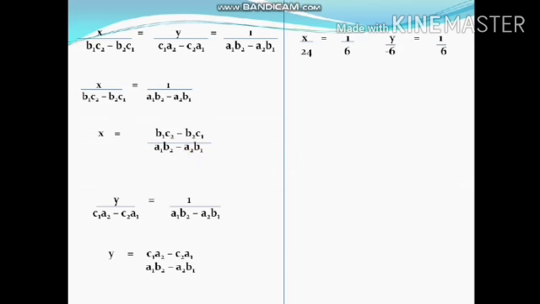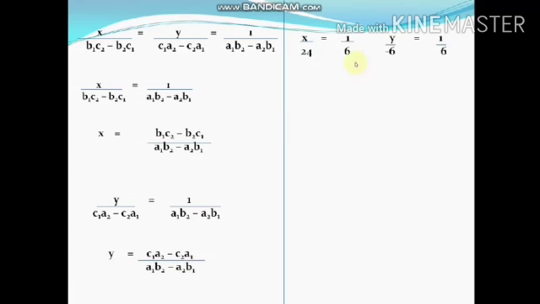Similarly, we can find the value of y also. y upon c1 a2 minus c2 a1 will equal 1 upon a1 b2 minus a2 b1. And after cross multiplication, we will get y equal c1 a2 minus c2 a1 upon a1 b2 minus a2 b1.